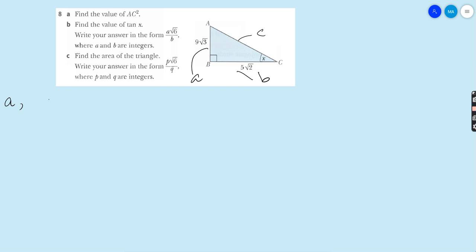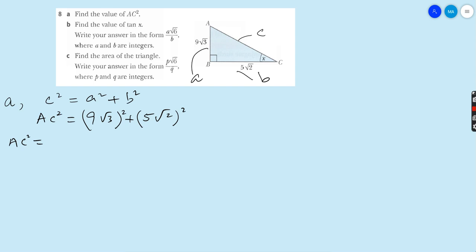The formula of the Pythagoras theorem is C square equals A square plus B square. Here C is AC, so we have to write AC square. A is 9 root 3, obviously squared, and B is 5 root 2 squared.